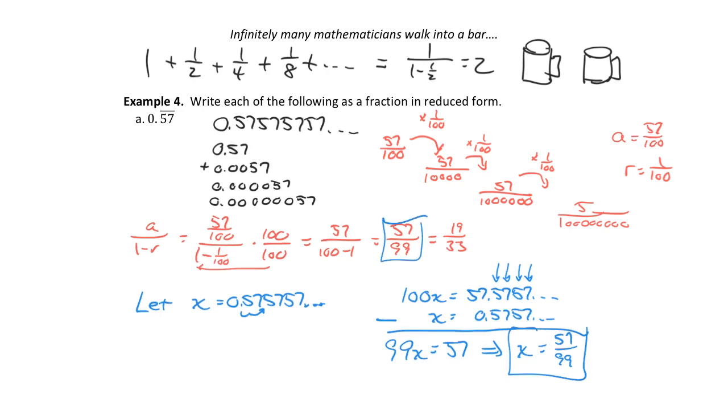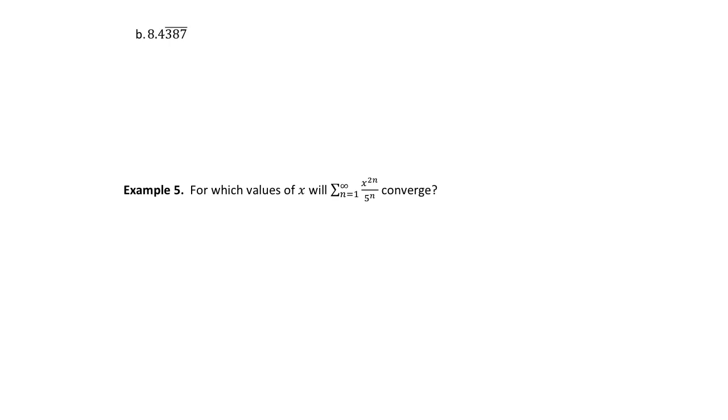So let's do one more example that's slightly more complex here. 8.4387 repeating. So the 387s repeat. In this circumstance, we're going to do something slightly differently. I'm going to let x be this number that's unknown, 8.4387 repeating. Okay, now I'm going to line things up.